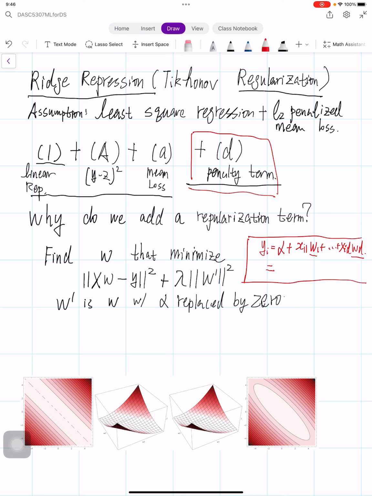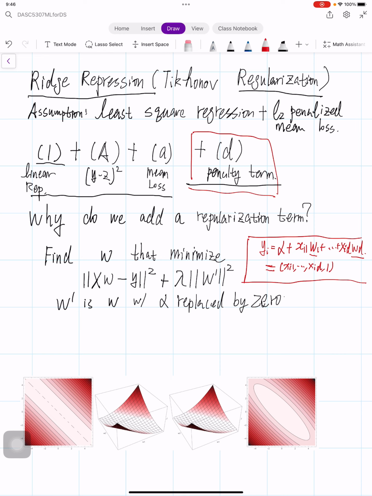Remember when we write down the design matrix, we can write this as x_i1 up to x_id, and we add a constant 1 term at the end. Do you remember?